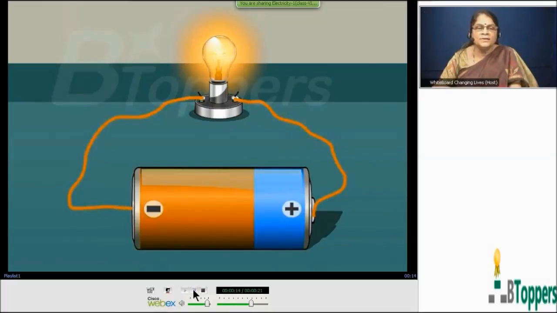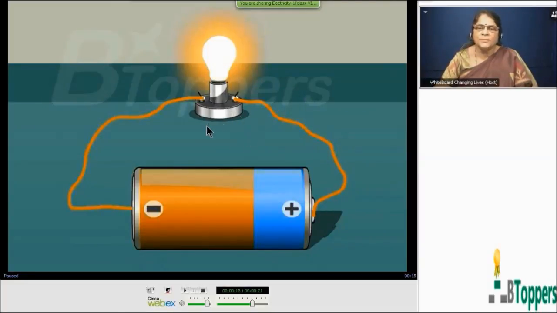So as long as the path is there, the energy will flow from the battery to the bulb, and then it will make the bulb glow. This will continue to glow until the energy in this cell is over, or if the path is broken anywhere.